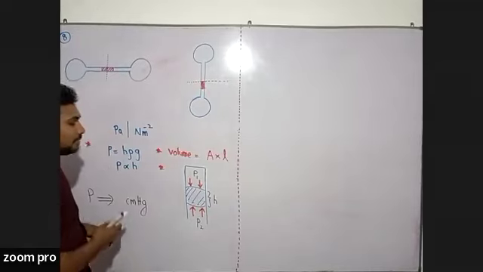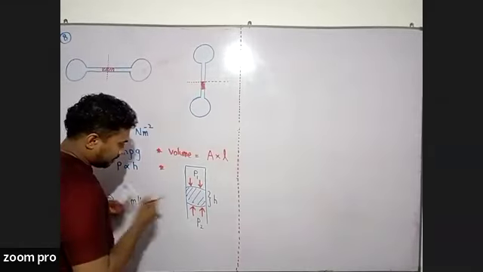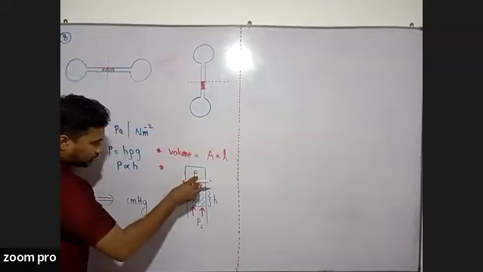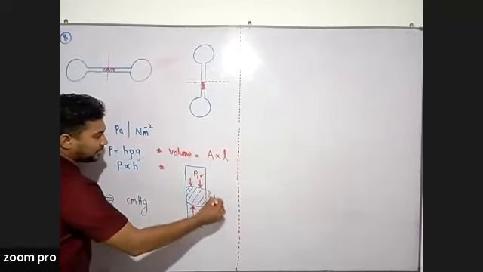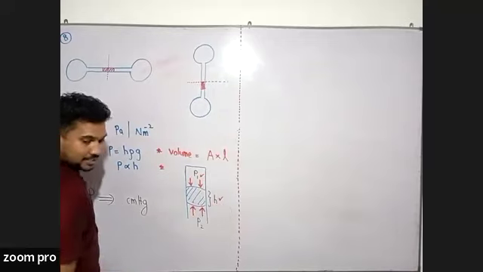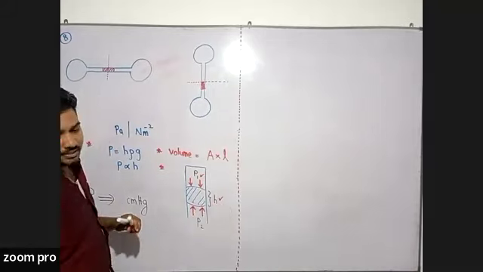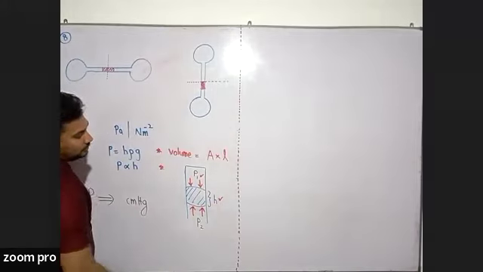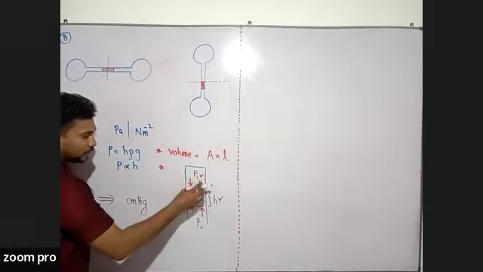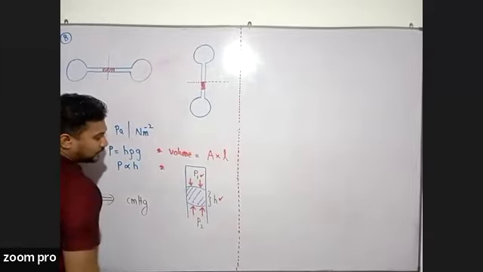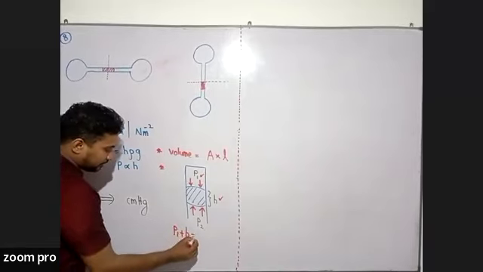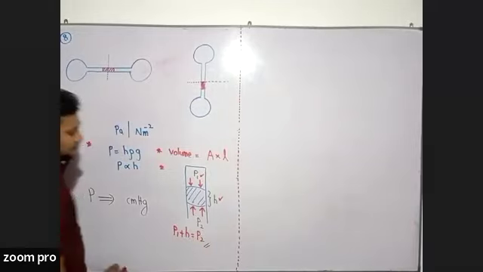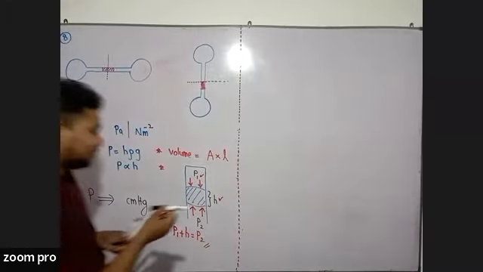So we can consider that there are two pressures exerted downwards, that is P1 and this H, since the mercury column also tends to move vertically downwards. So we can derive this kind of expression. Okay, let's take another one.